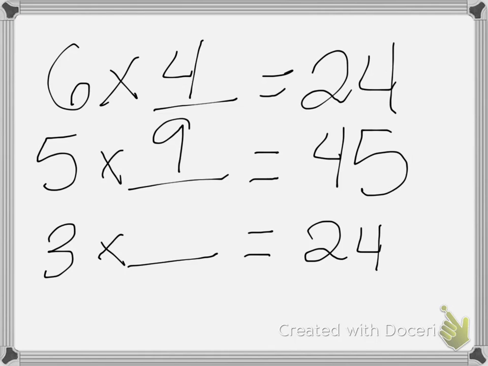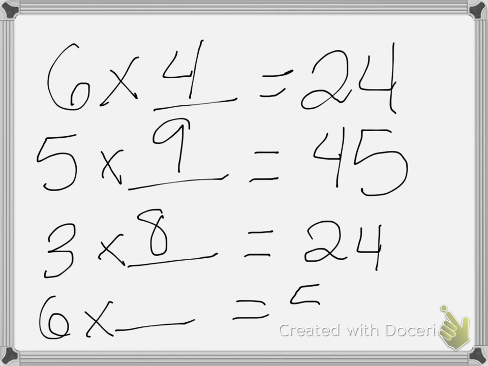Count by threes, you're going to get 8. 3 times 8 equals 24. 2D, what factor is paired with 6 to give 56? So 6 times what equals 56? And it's 9.